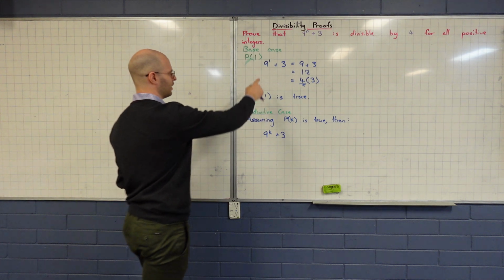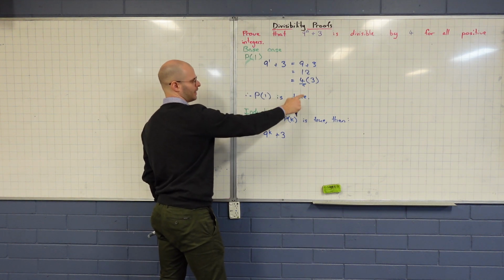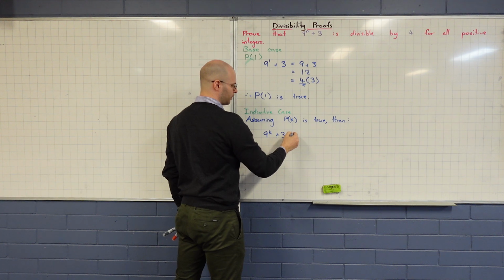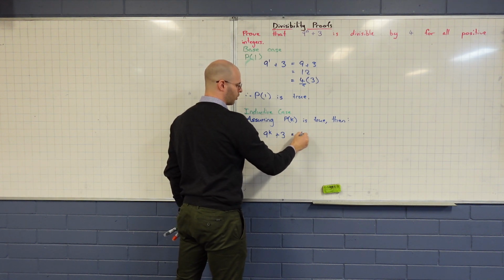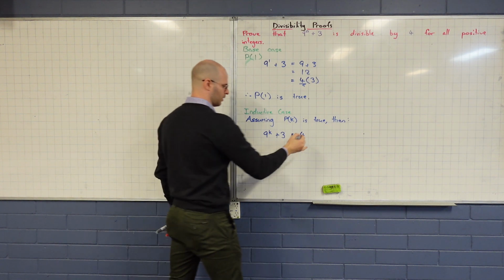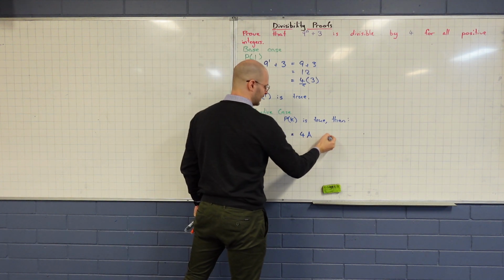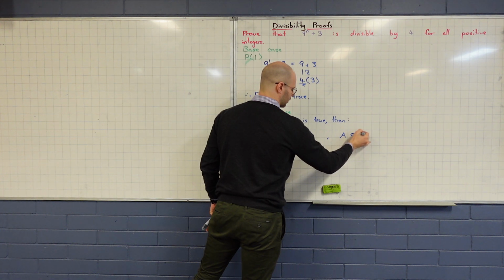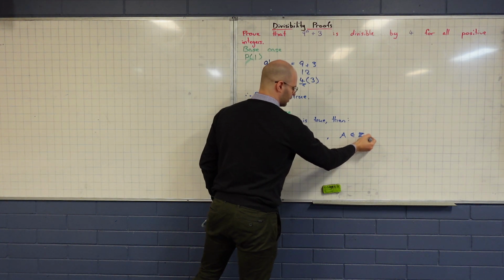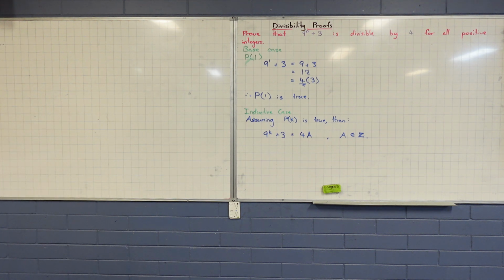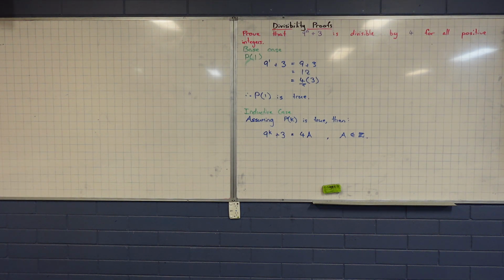Remembering that 9^1 + 3 was equal to 4 times this number here, it's going to be able to be 4 lots of something. We don't know what. So we can say A, and then we can assert that A is an integer. The fancy Z there means it's an integer.